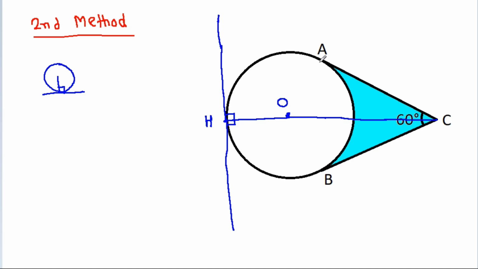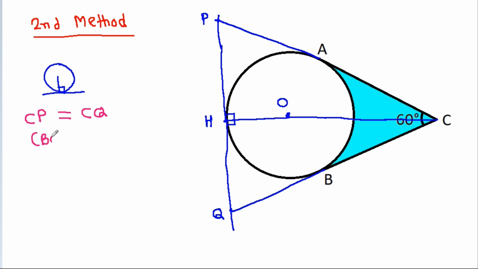And if we extend CA and CB, suppose this point is P and this point is Q, then CP will be equal to CQ by symmetry.